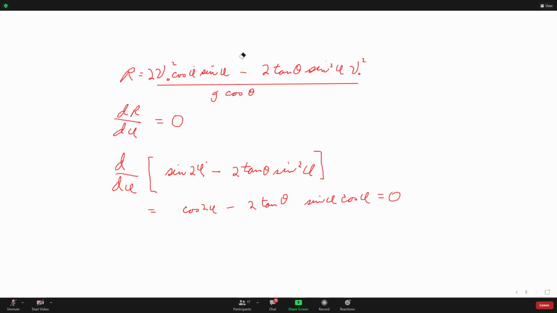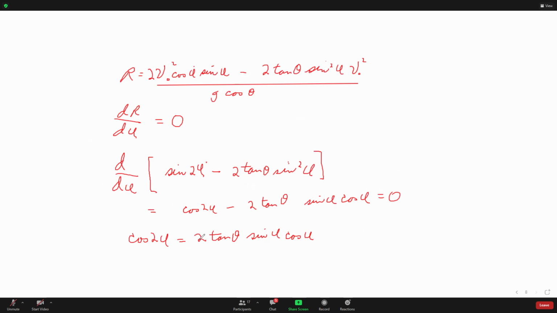Okay, now let's solve this for phi. And what do we end up with? We end up with cosine 2 phi is equal to 2 times the tangent of theta sine phi cosine phi.